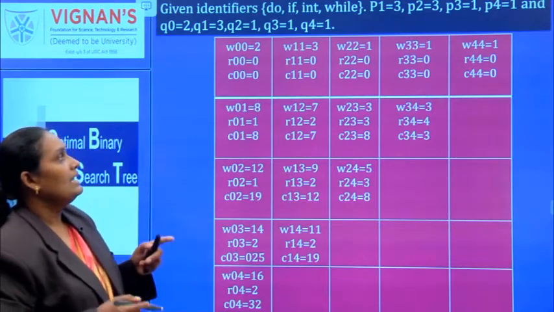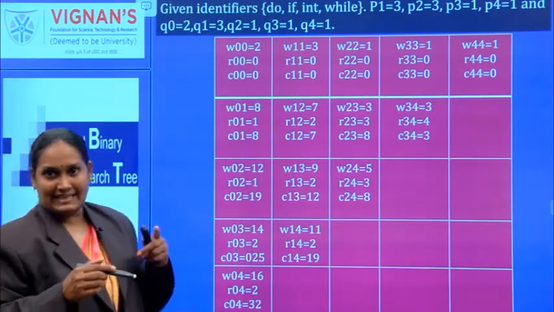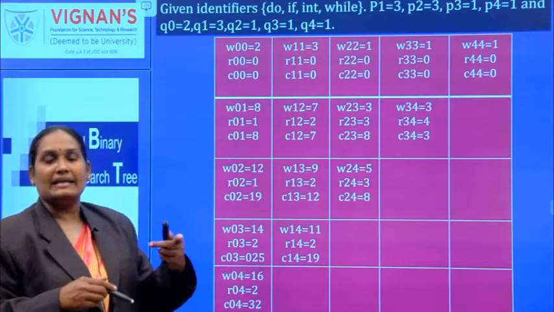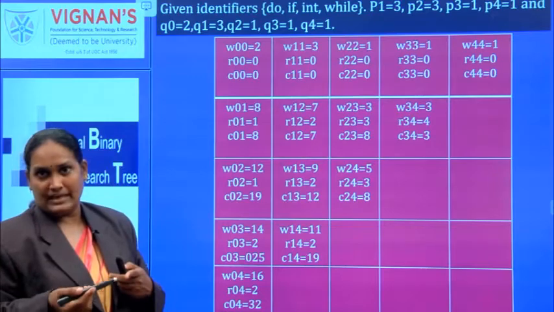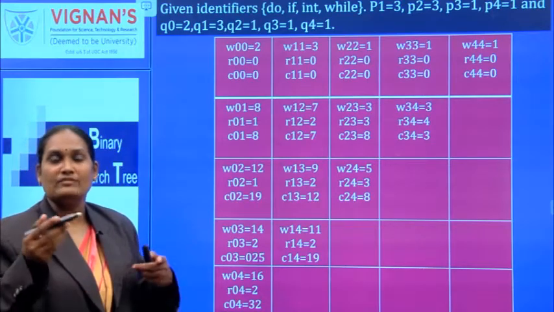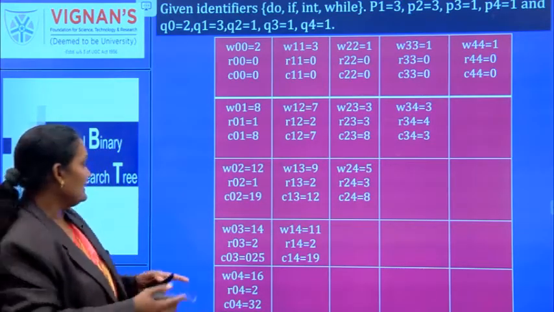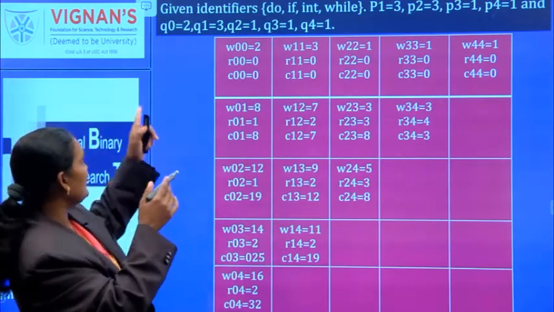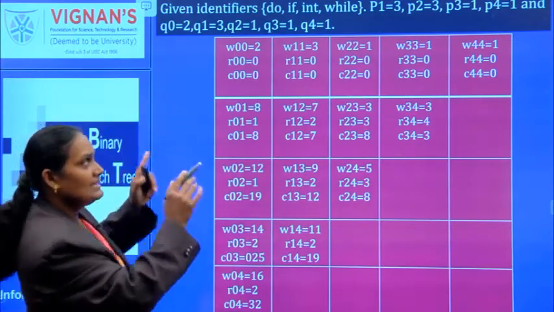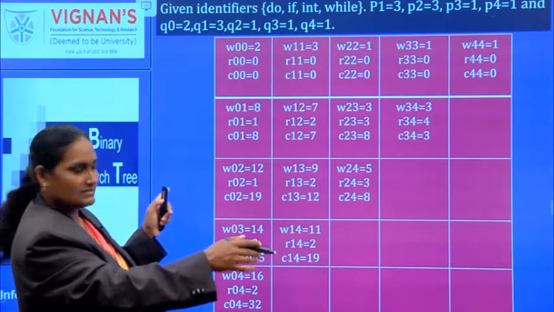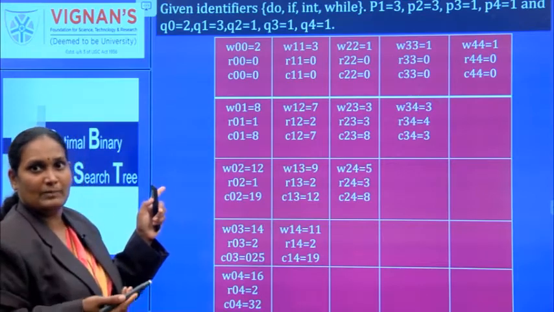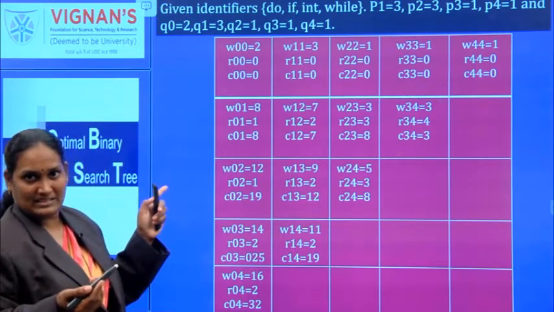Now here we are going to calculate the weight, root, and cost at each and every node, and we are going to tabulate the values. The table should be like this for this problem. Since this contains 4 identifiers, the size of the table is like this. This process is called memoization, which I already explained when talking about the dynamic programming general method.